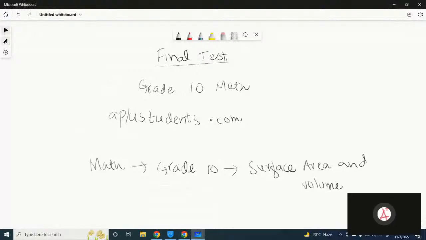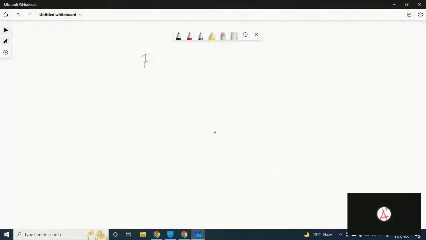Please make sure you have your notebook and pencil so that you can note down the important examples and definitions as well. Got it? So let's start with the final test of the chapter surface area and volume.